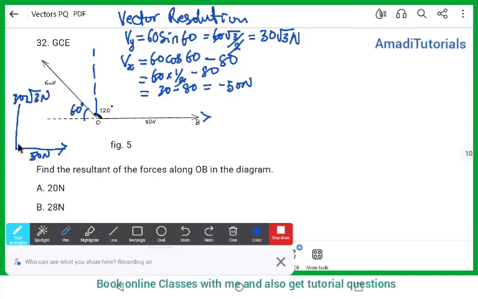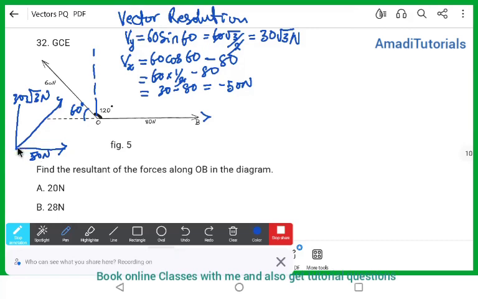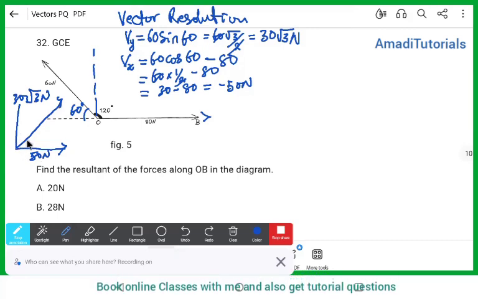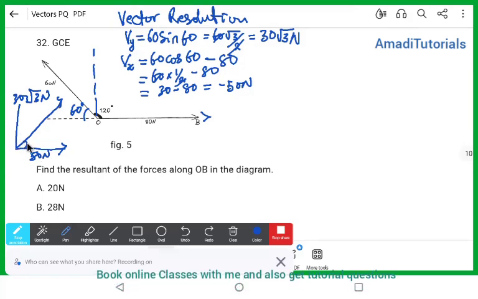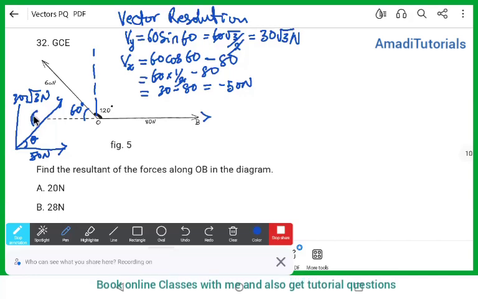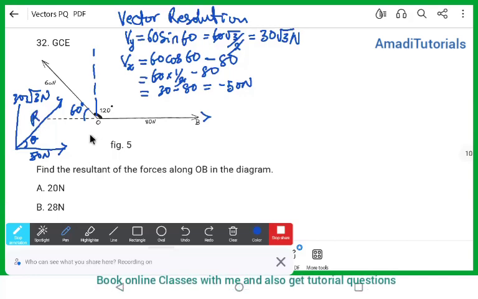So the resultant is given as a line drawn in between the two vectors. Here is the angle. So this resultant R is gotten using Pythagoras theorem.